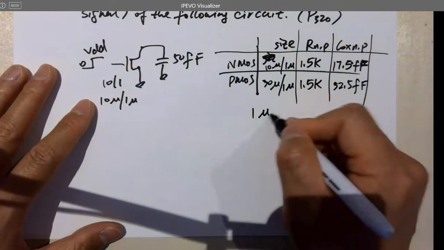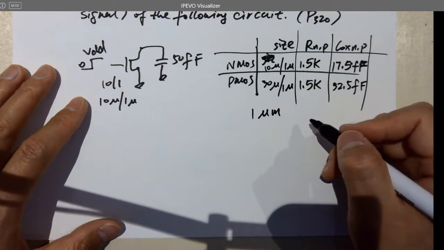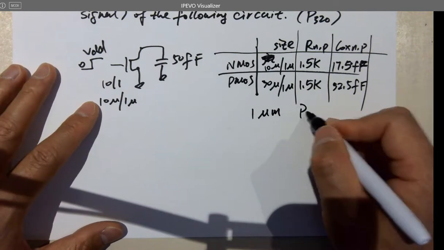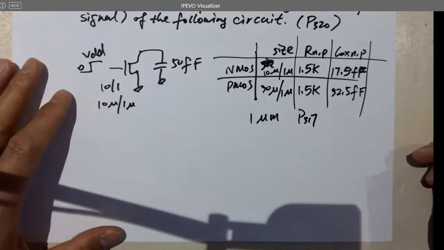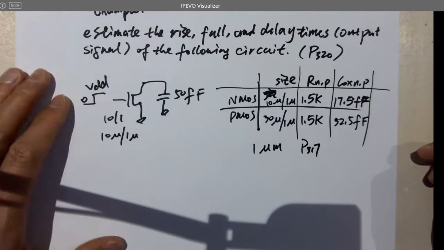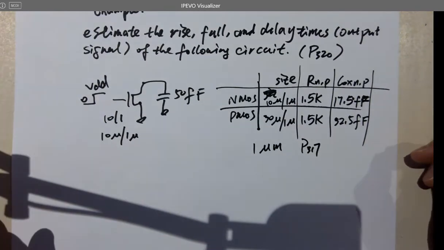This is a 1 micrometer technology in the textbook. This is on page 317. Estimate the rise, fall, delay.